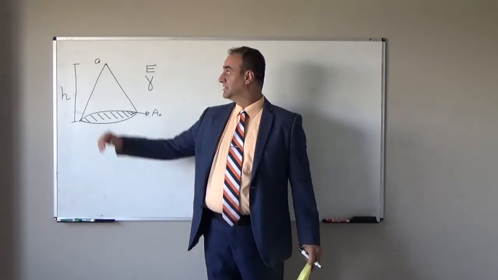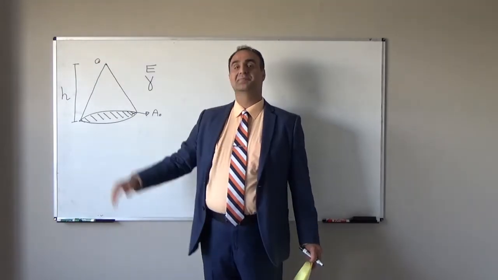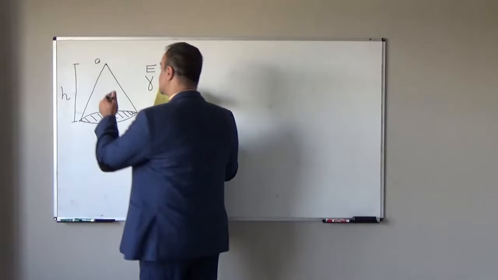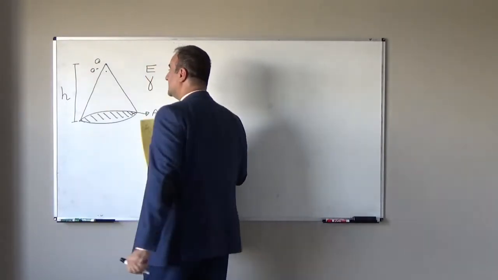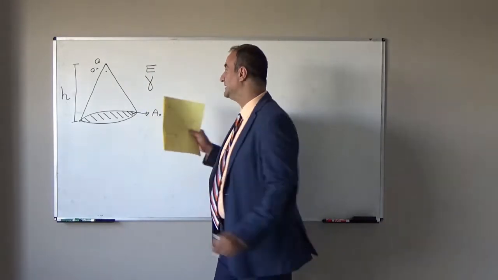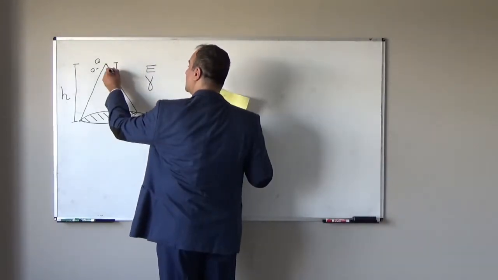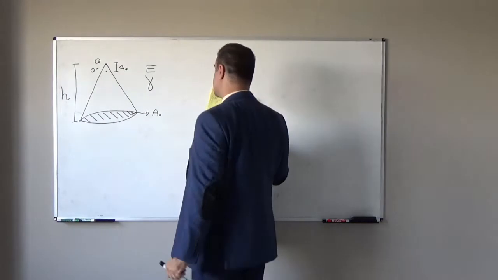It is clear, point O will move a little bit down. It will come, for example, to point O prime because of self-weight. Find that delta O. How much is that?